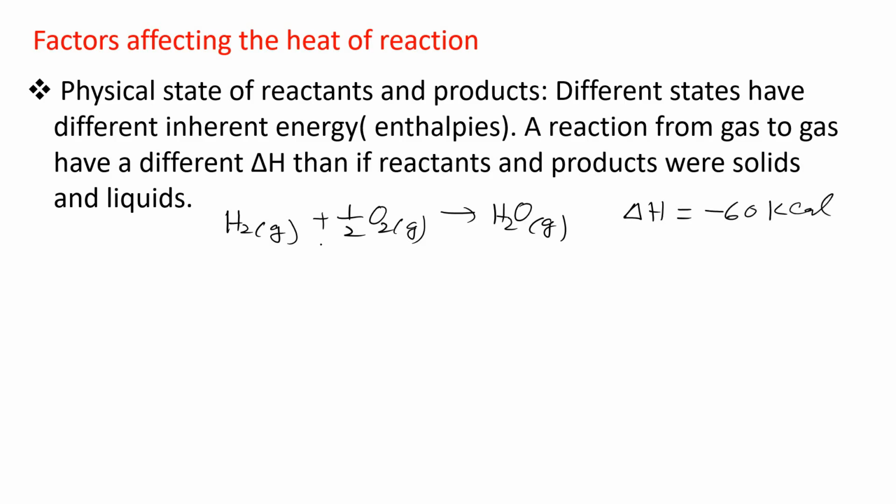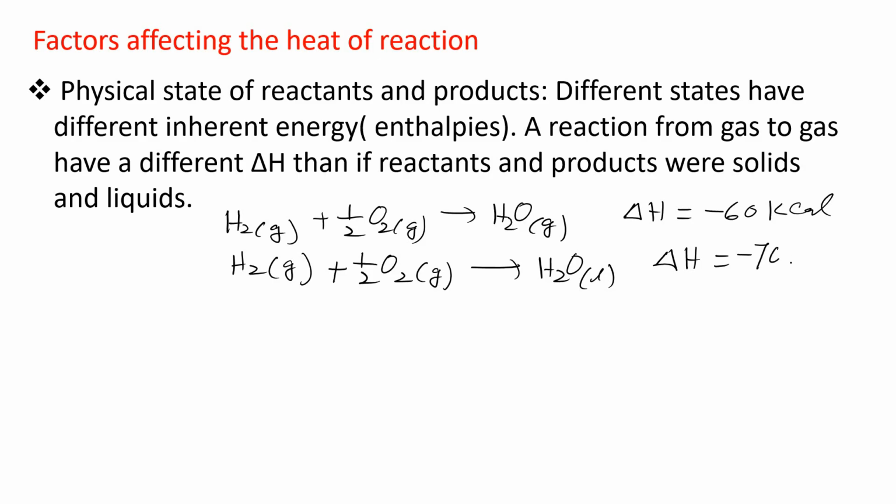This much energy is released. But when this reaction is hydrogen gas plus oxygen gas giving liquid water, that means the physical state of the product is different, then delta H is minus 70 kilocalorie.